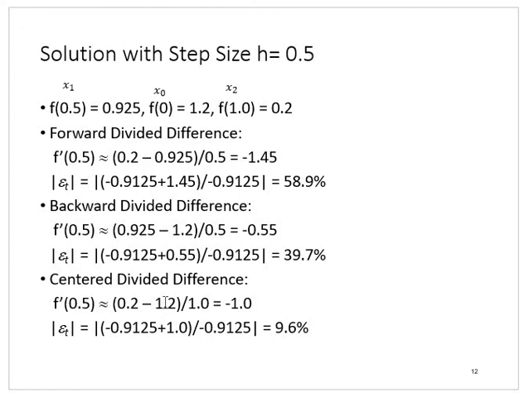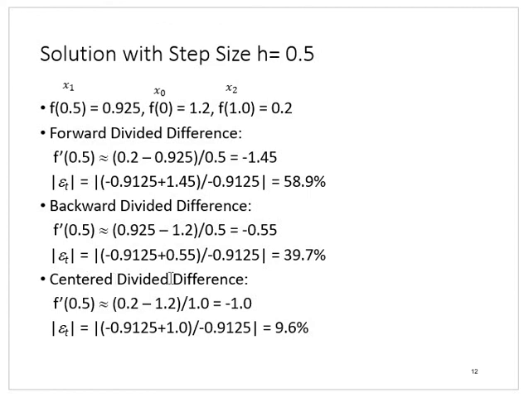And then the backward difference formula is given by f of x minus f of x minus h, which in this case is f of 0.5 minus f of x naught, everything divided by 0.5, which is minus 0.55.